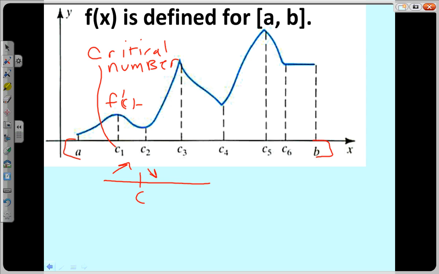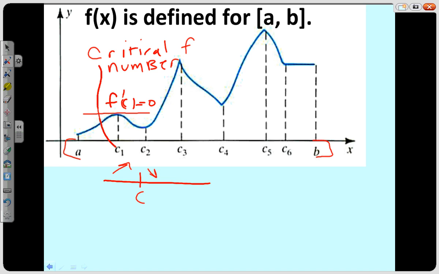F prime of c equals 0 because the tangent line is horizontal. That's a local maximum. It's not the biggest one, but it's the biggest in the area. Kind of like when you have a really good sports team and you win the conference. You're the best team in that area. But then the area got a little bit bigger.